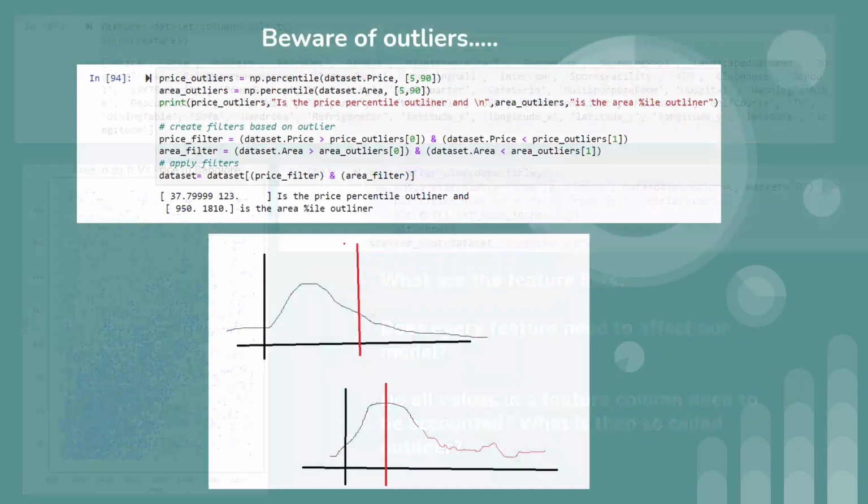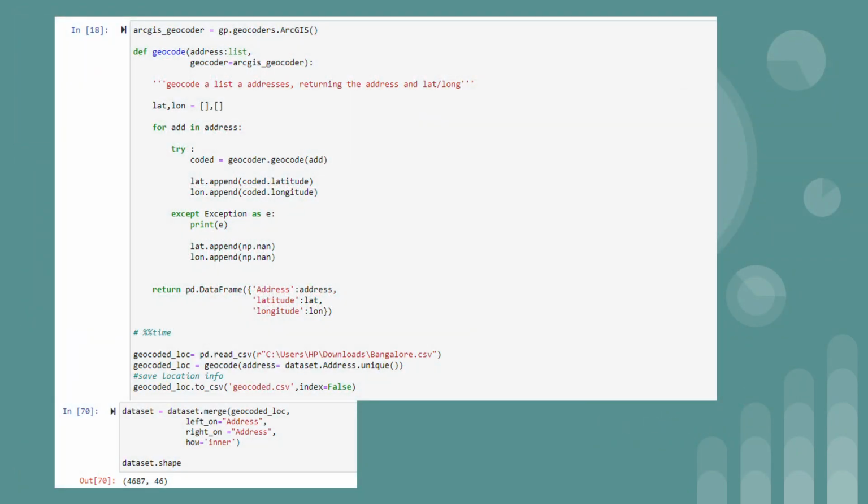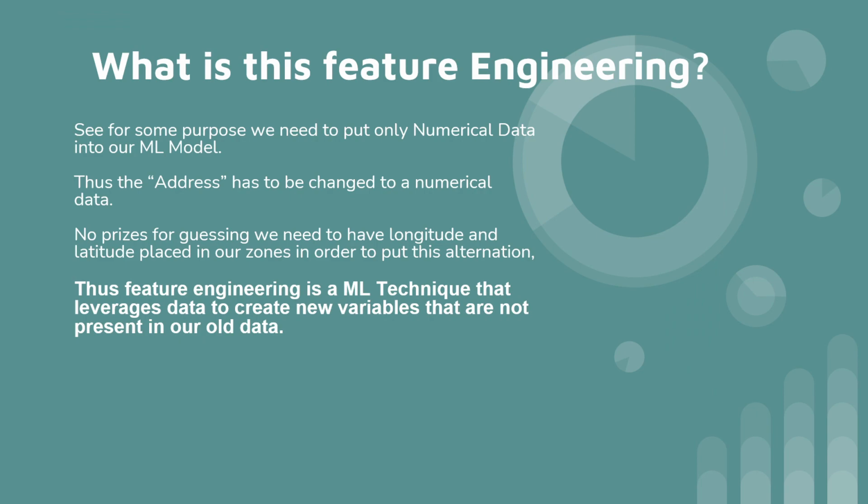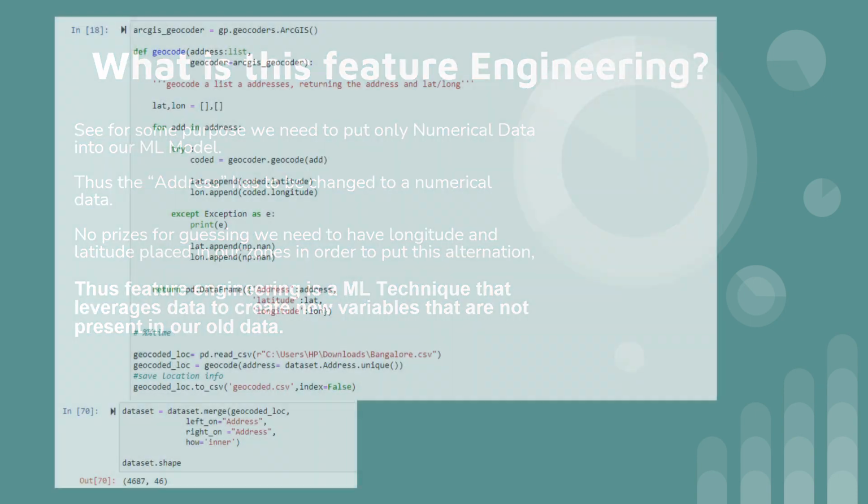So here, what exactly are we doing? We are introducing some features, or columns, into the data that were earlier absent, but those columns are needed for the purpose of modeling our data. Therefore, this is the feature engineering which we have done.